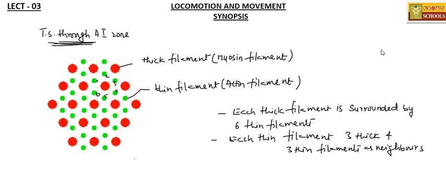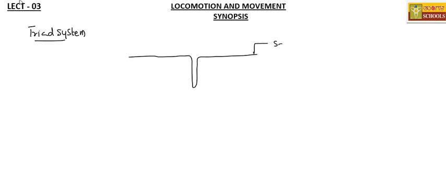Now let us see the triad system. So here the plasma membrane of the muscle fiber, which we call the sarcolemma.